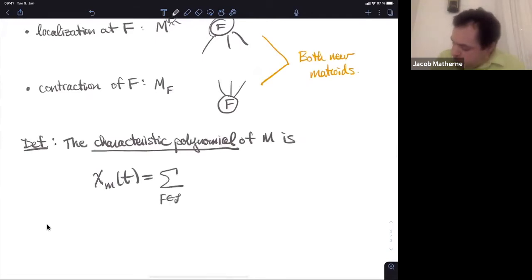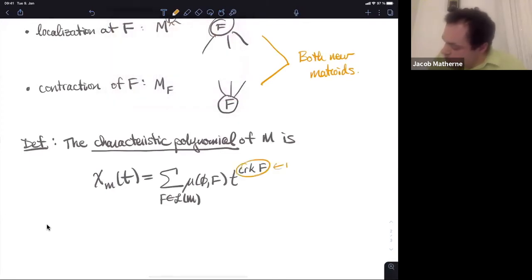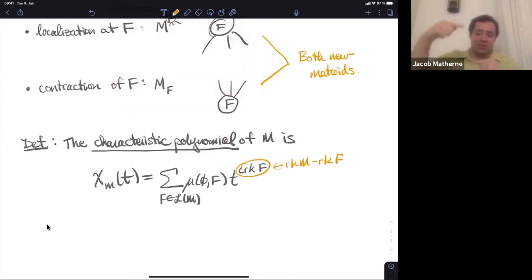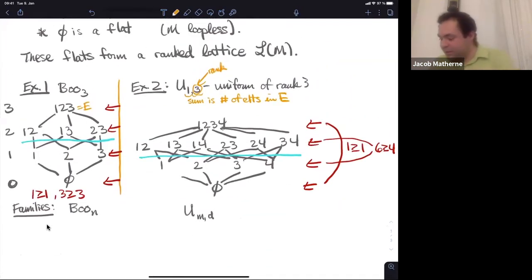So I sum over all of the flats in the lattice of flats, and then I have some value of the Möbius function, I'll explain this in a bit, times t to the corank of F. Corank is the rank of the matroid minus the rank of the flat. And again, rank is the size of a maximal chain of proper flats. So the rank of the matroid in the first example is 3, and in the next example is 3. Both of these examples are rank 3 matroids.